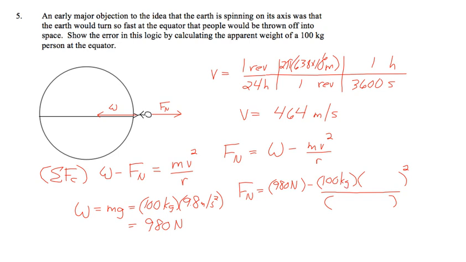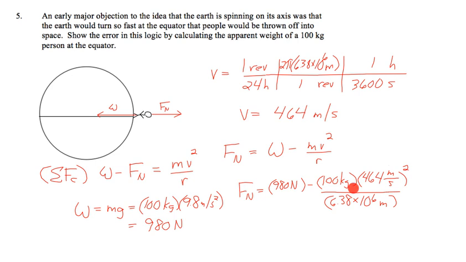The velocity is 464 meters per second. And the radius is 6.38 times 10 to the 6th meters. And I will get newtons. This is newtons, and this will all be newtons, because I have kilogram meters squared per second squared divided by meters. So I'll end up getting kilogram meter per second squared, which is a newton.